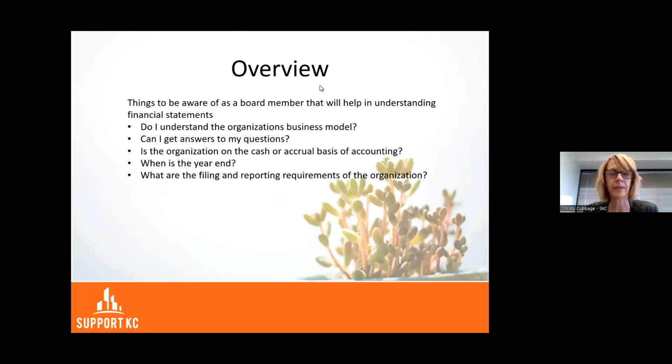Another thing to think about is if you're a board member and you're asking questions like, can I see the financials? What does this mean? And you're really not getting the information you need, that could be a cause for concern. Maybe the financials aren't formatted in a way that can lead you to a good discussion, or maybe the staff is not informed, and maybe we all need to sit together and talk through it, because it's not easy to navigate through some of these reports.